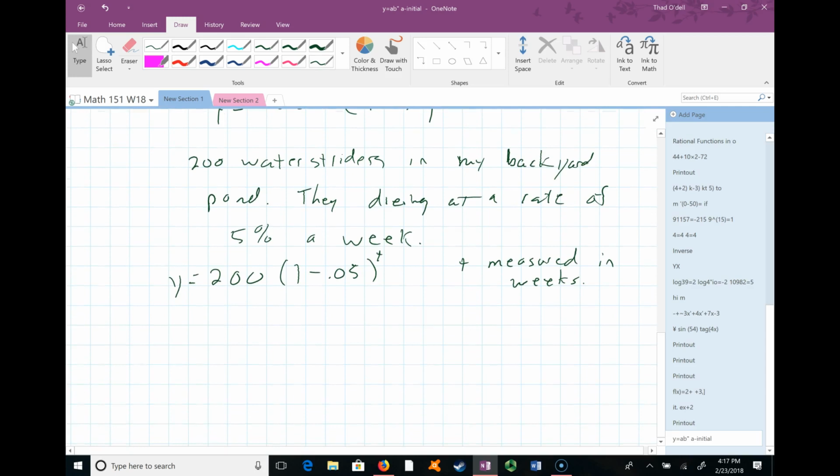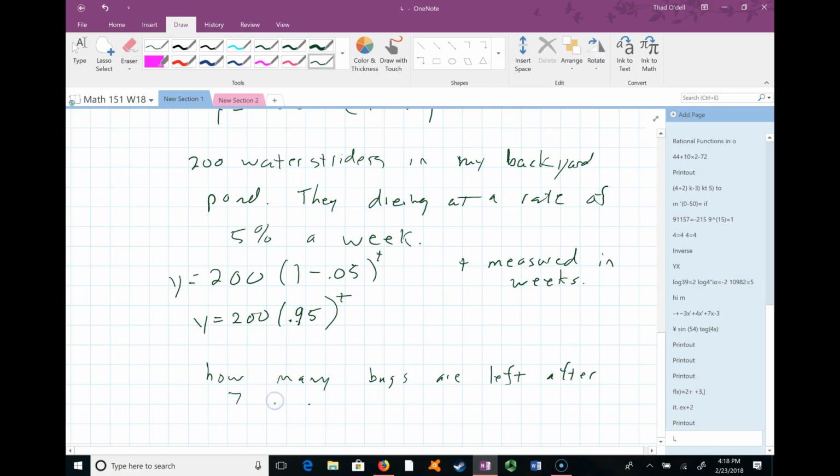Right? So that'd be my equation. In other words, y equals 200 times 0.95 to the t. So if I said how many bugs are left after 7 days, now this is where you've got to be careful.